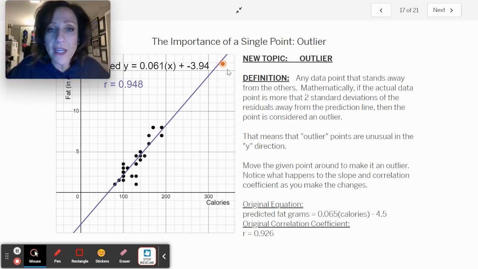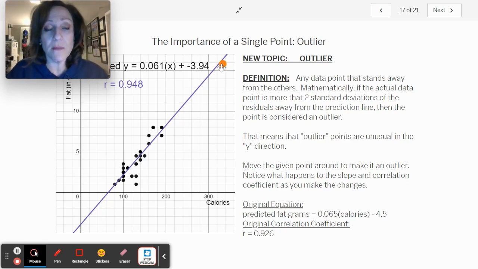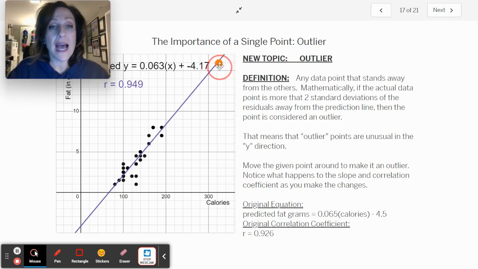That orange point right there is not considered an outlier because it is in line with the rest of the data. It has high leverage, but it's not considered an outlier. Okay? That's where this vocabulary can get jumbled up. So, once again, high leverage, but not an outlier because it stayed in line with all the rest of the data. So, then what's an outlier?